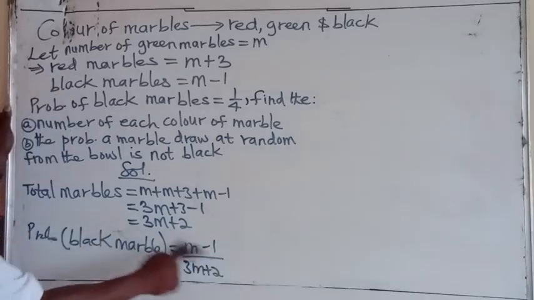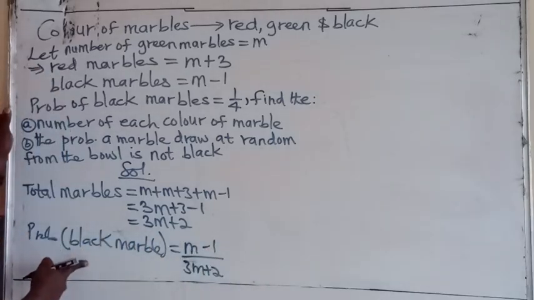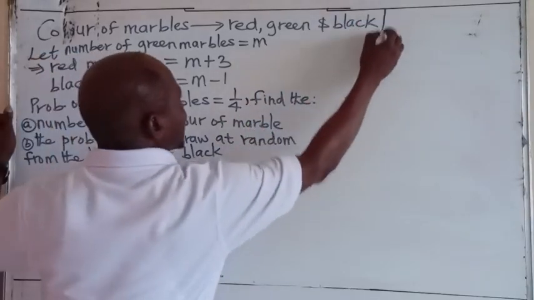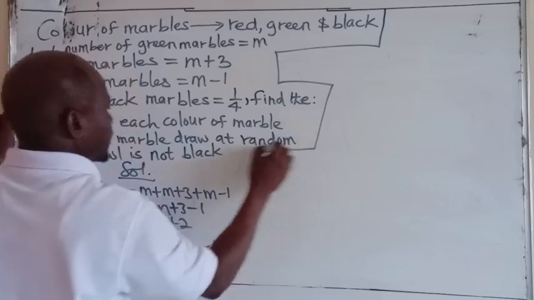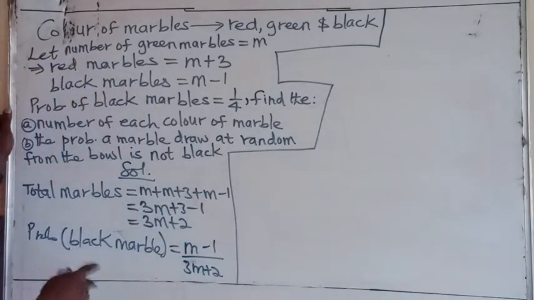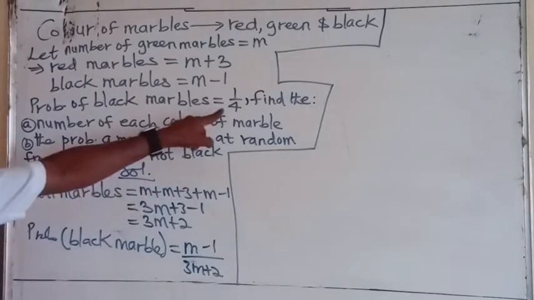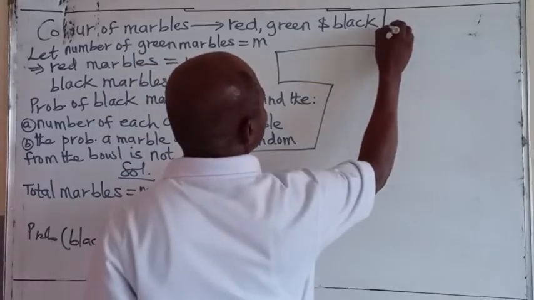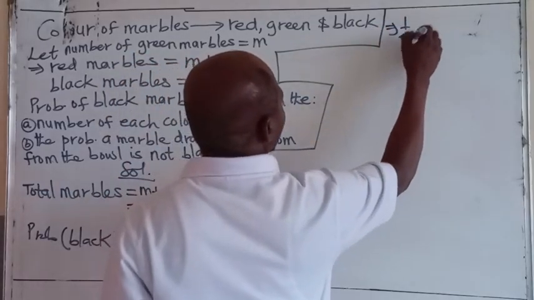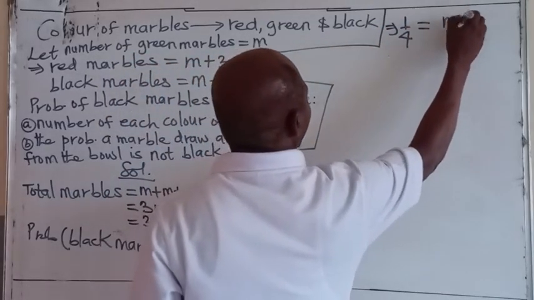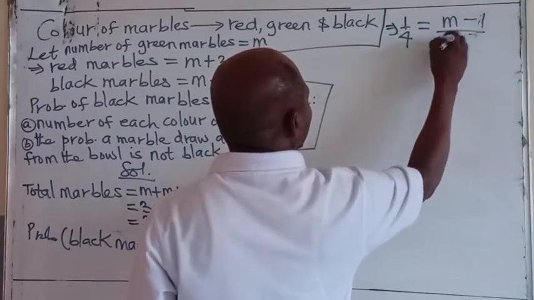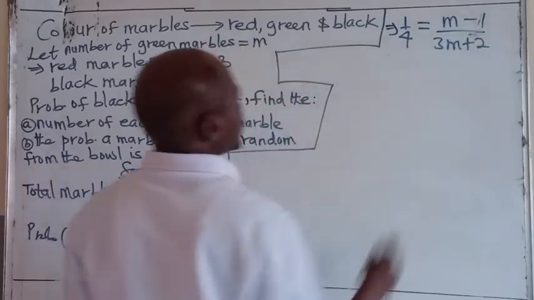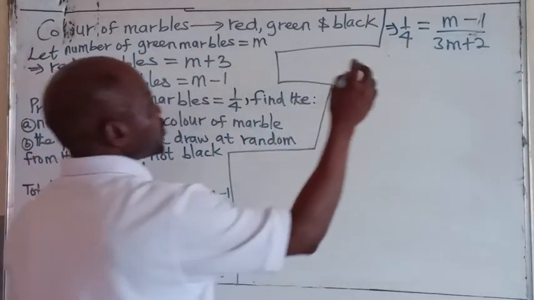But the question already says that the probability of picking a black marble is 1/4. So this implies that 1/4 is equal to n minus 1 over 3n plus 2.